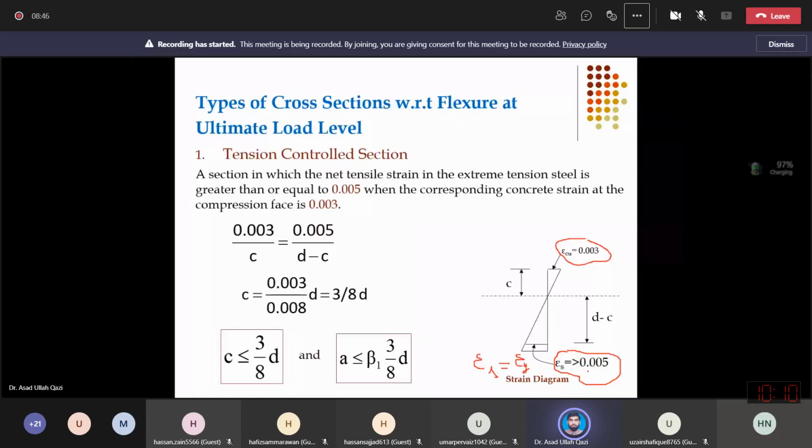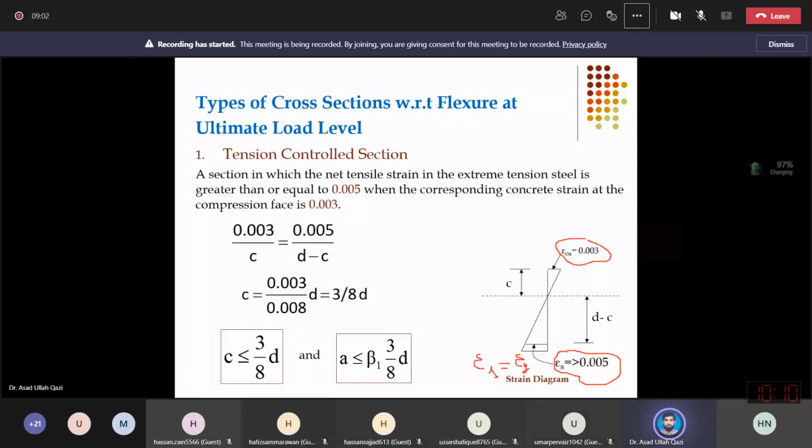So it must be on yield plateau, well above yield strain, and even above that it may be 0.008, 0.009. So it shows a ductile cross section.